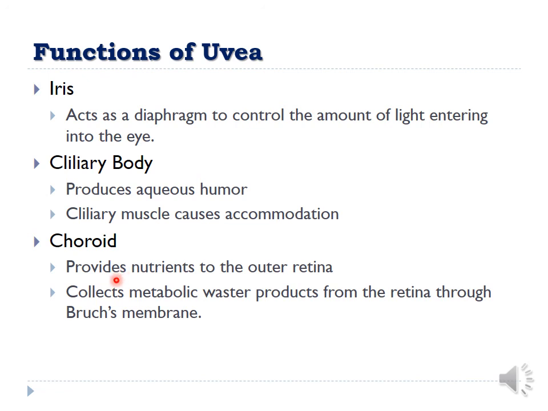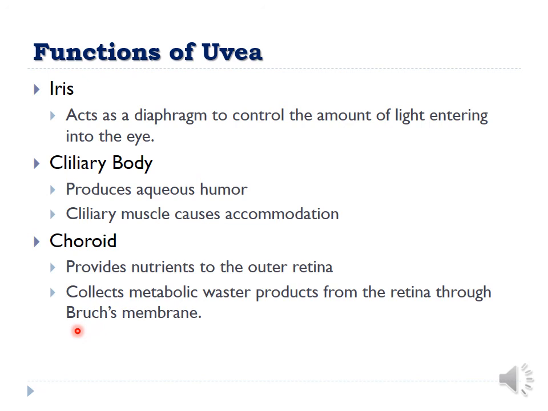So these blood vessels give support to the photoreceptor cells, and the choroid also collects metabolic waste products from the retina through Bruch's membrane. Bruch's membrane is the junction between the retina and choroid, isn't it? So your choroid collects the metabolic waste products. There is a spelling mistake here: the R is not there. It is waste products from the retina through Bruch's membrane.